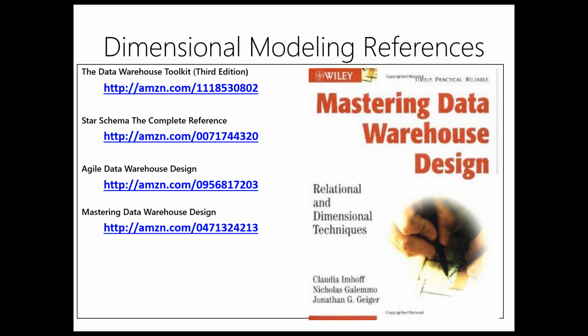And then Mastering Data Warehouse Design is a book by Claudia Imhoff and a couple other authors, and she really dives into some of the hierarchy design issues as well as the aggregates and some of the other stuff. So I'd recommend getting one or more of these books, because oftentimes the author will present it in a different way, and so it might not make sense to you in the Kimball book, but maybe in the Adamson book it makes more sense. So I think it's important to go out and use these resources and prosper.